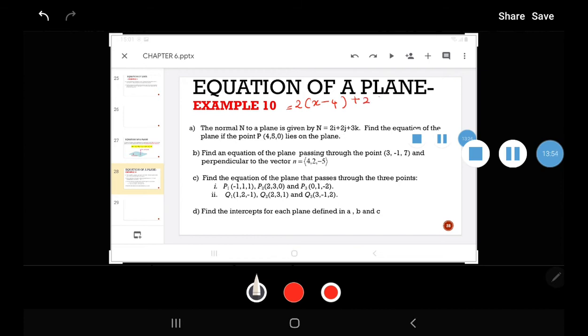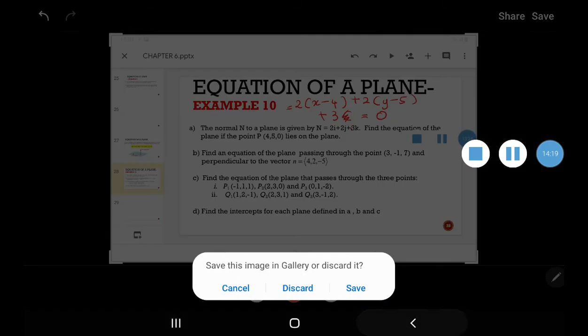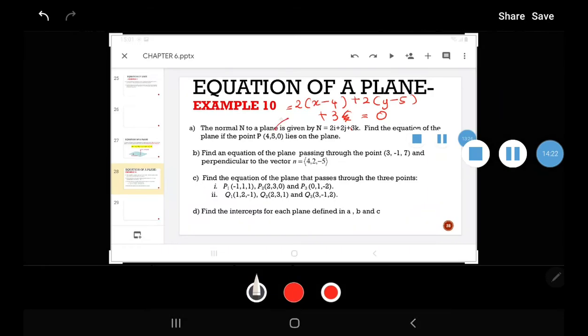It is 2, and y minus whatever point here, 5, plus 3k, and for k it is z minus 0, right? So just let it be 3 like that. So this is equal to 0. So that is how you write an equation of the plane.